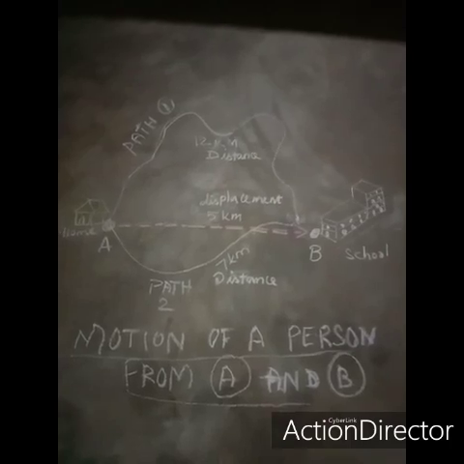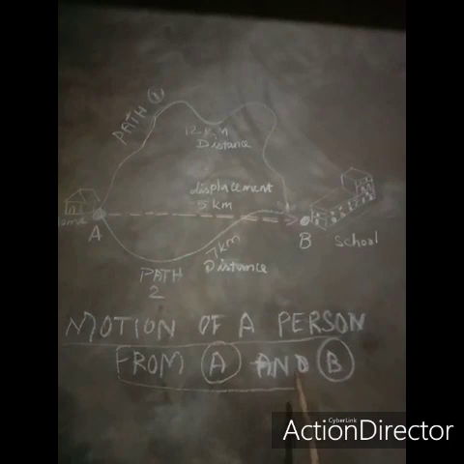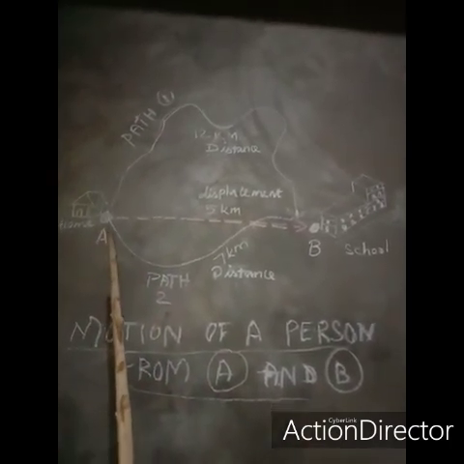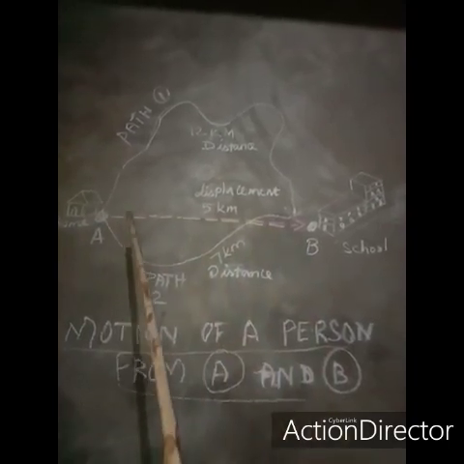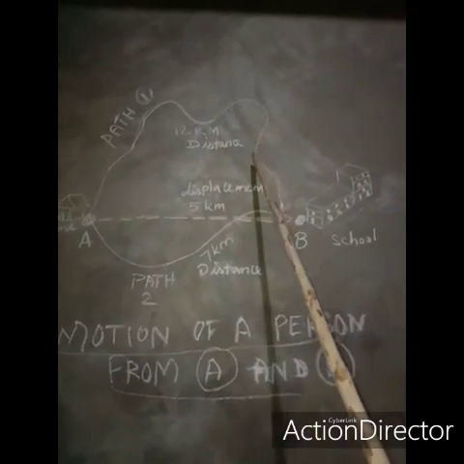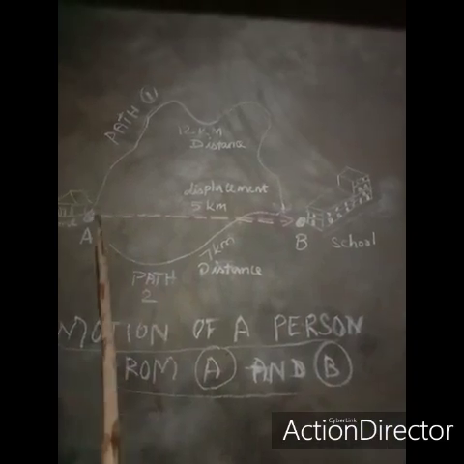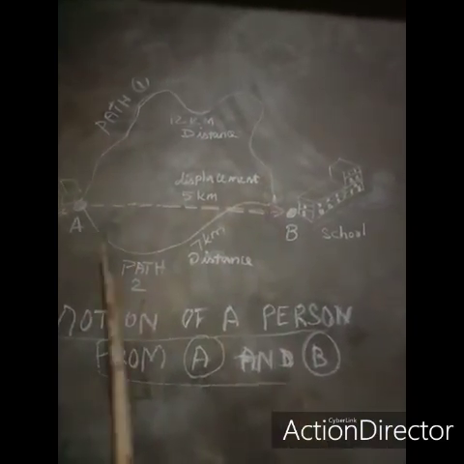Here the picture represents motion of a person from A to B. A person moves from home to school in path 1, which is 12 kilometers. Path 1 covers 12 kilometer distance.